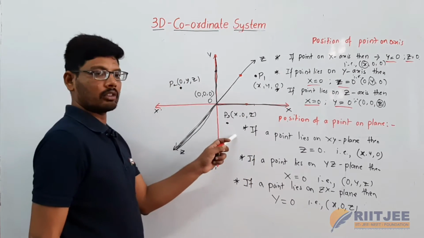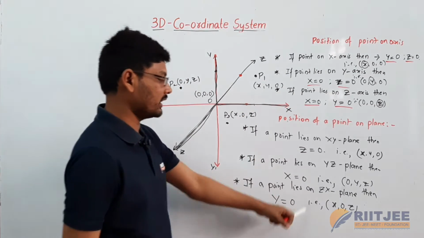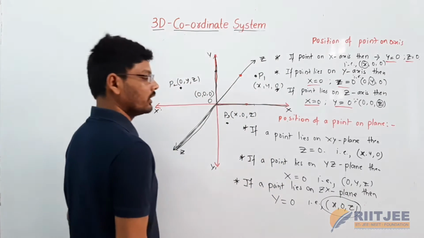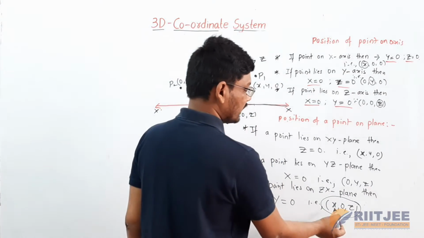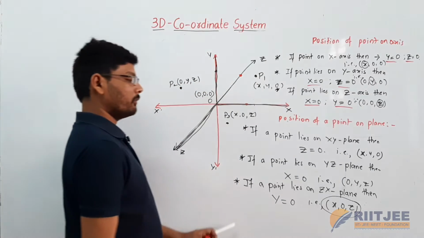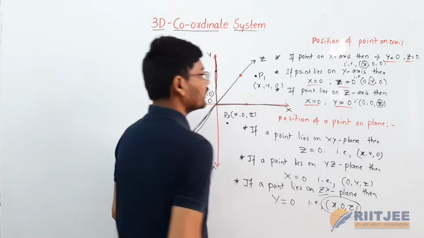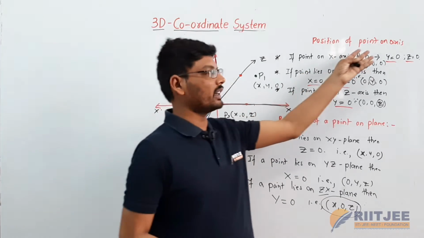You can substitute any values for x and z. You can find the position of a point that lies on the xz plane. This is all about the position of a point on axis and plane.